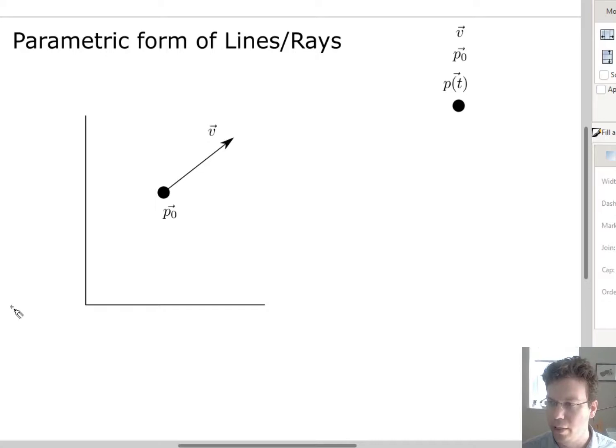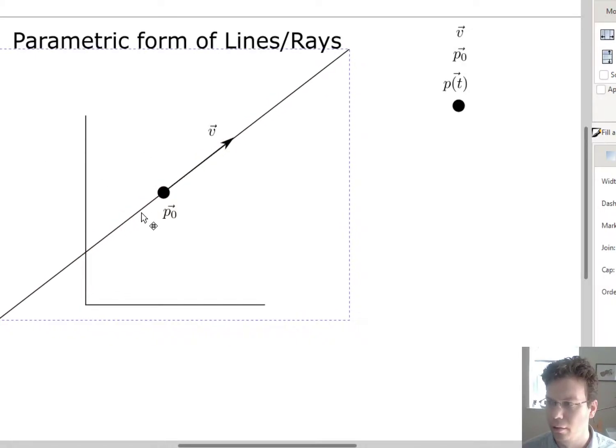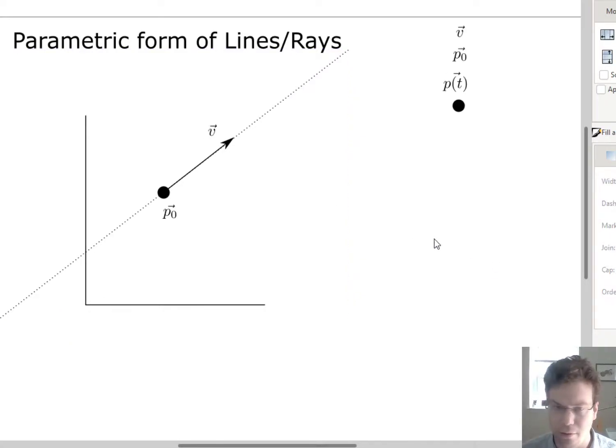Okay, now how do I reach all of the points along the line? So actually with these two pieces of information, I can get you to any point I want on the line. And so I'm saying, here's the line that this point and this direction define. And the way that I get to all points is I say, okay, well, let me try to choose a point P, which is going to be a function of my parameter T. And T is just going to be a scalar.